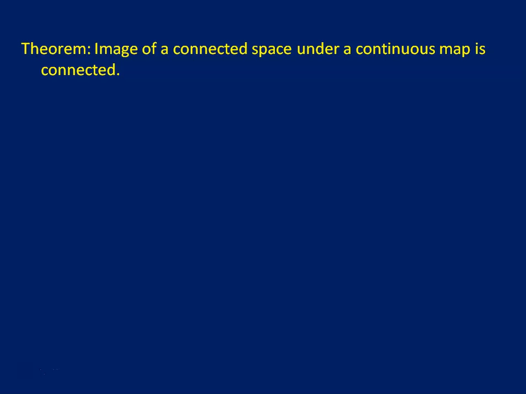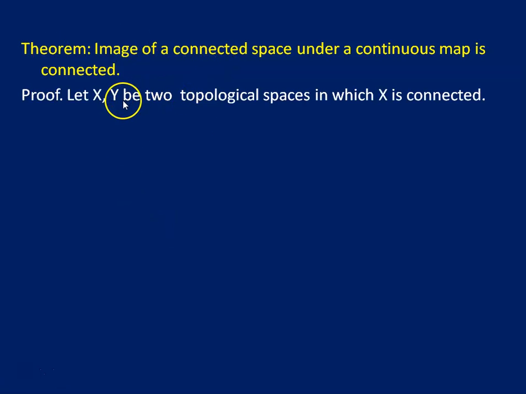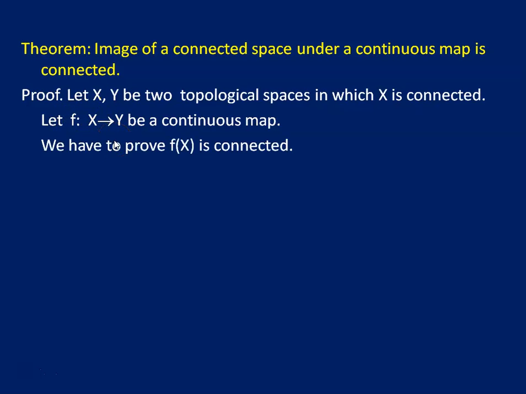Now in this theorem, we'll prove that the image of a connected space under a continuous map is connected. Let X and Y be two topological spaces in which X is connected. Let F be a continuous mapping from X to Y. We have to prove that the image of X under the continuous map F is connected.